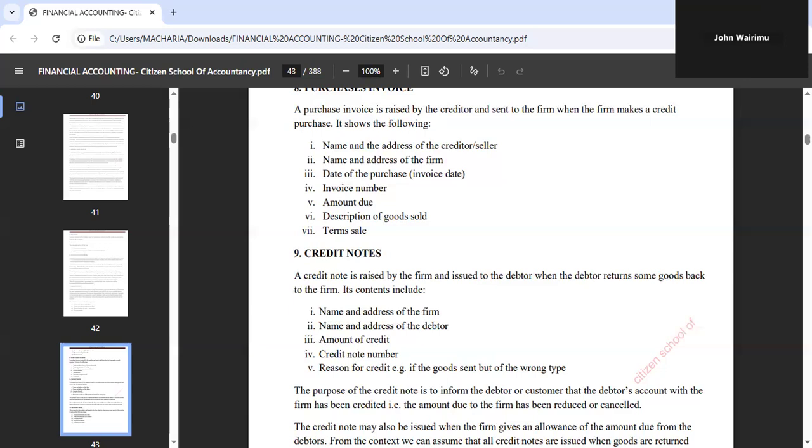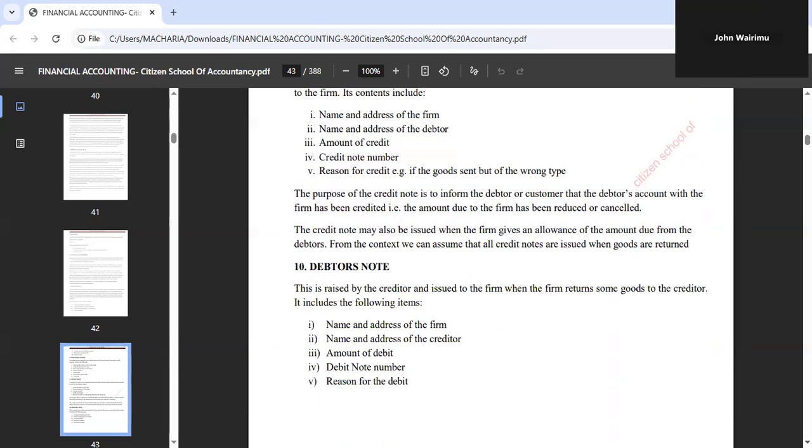You return some goods to me, I issue you the credit note. A credit note is going to correct the sales. It's going to reduce the sales. So when you issue a credit note, you are proving that your sales have reduced because some goods have returned to you.